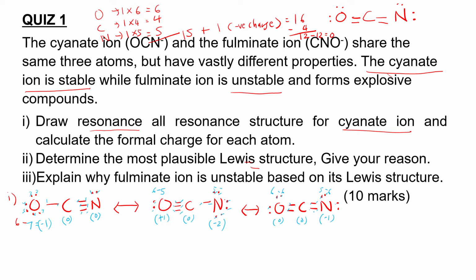Okay, so for the first question, we draw all resonance structures. So these are all the resonance structures that we have drawn, and we calculate the formal charge for each atom. Okay, for the marks given here: we have a correct resonance structure with correct formal charge, 2 marks here, this one also 2 marks, and this one also 2 marks.